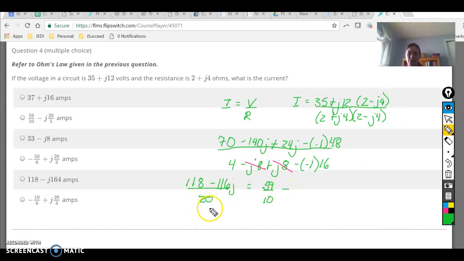And 116 and 20 are both divisible by 4. So when I do that, I get 29J over 5. So if you wanted to check your work on this, you could plug it back into the original V equals IR and solve. But I'm going to tell you that that is the right answer.